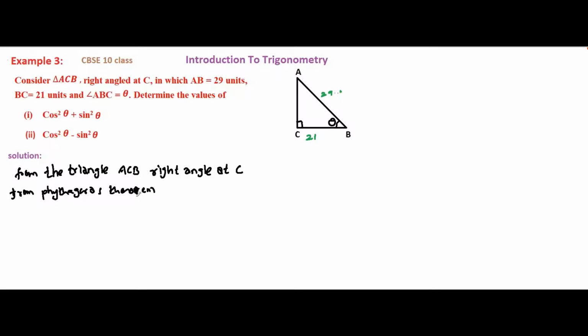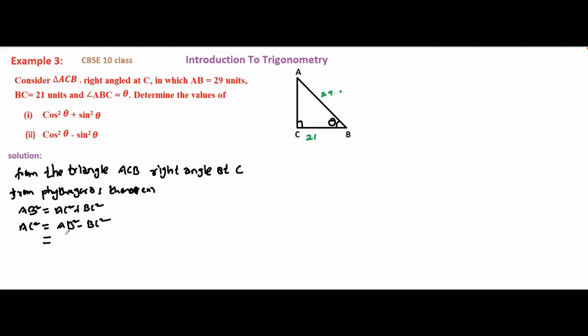AB square, hypotenuse square, equals AC square plus BC square. So from this we need to find the AC value. For that, AC square equals AB square minus BC square.